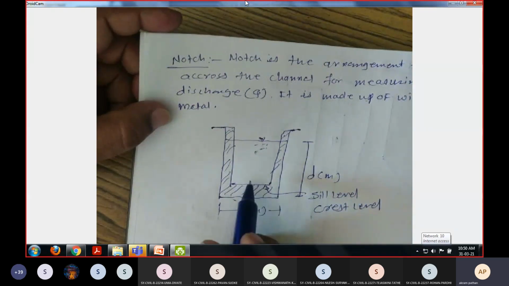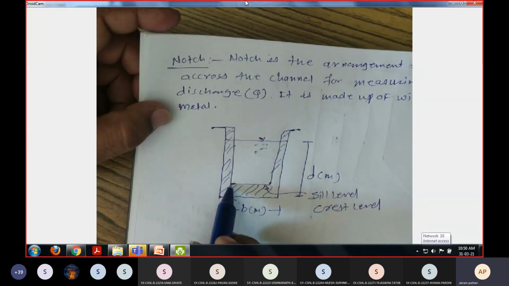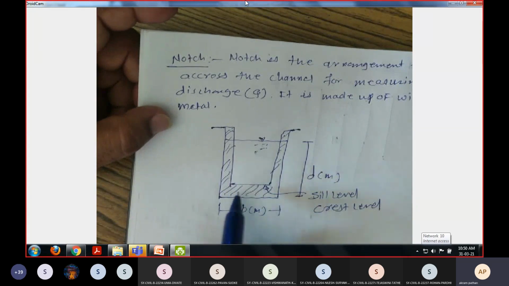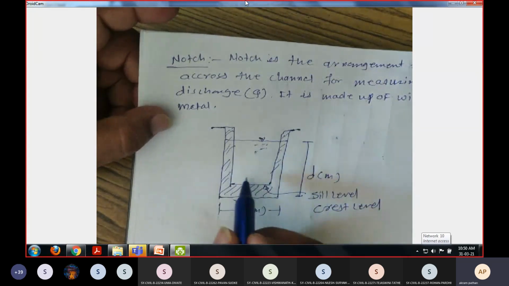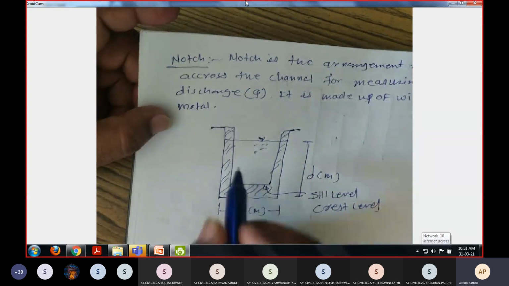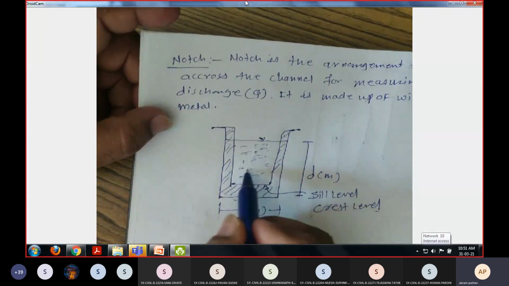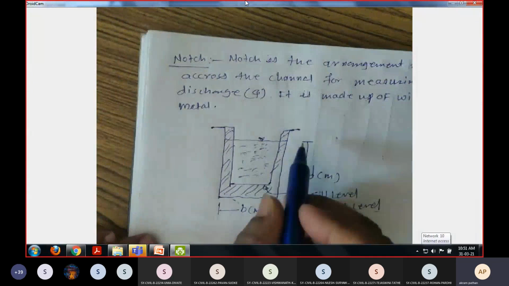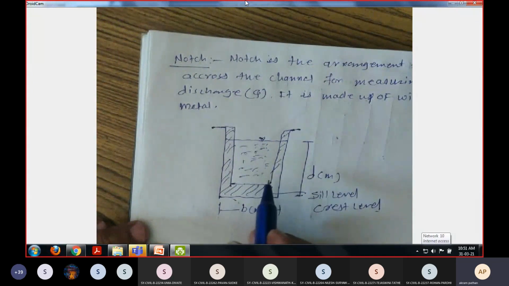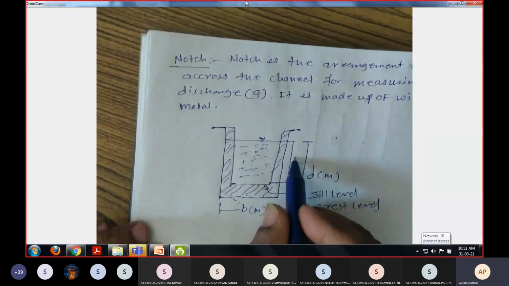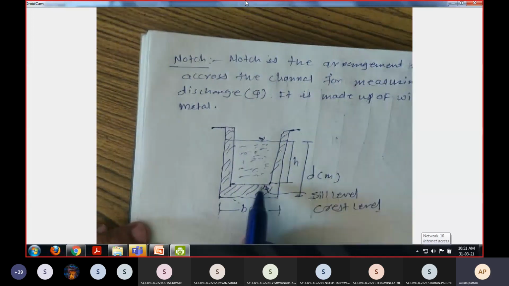Then the water is coming from the channel or from the dam in the channel, and it is flowing through the body of the notch. The water is flowing above the sill level or the crest level in the notch like this. Now what we have to do is record this rise of water level above the notch or sill level.